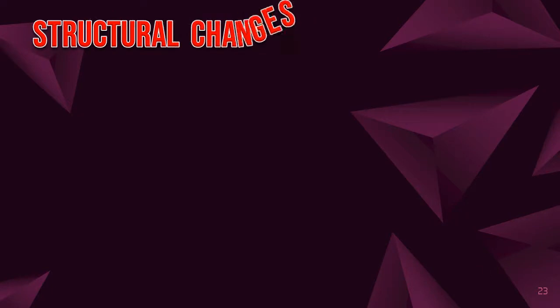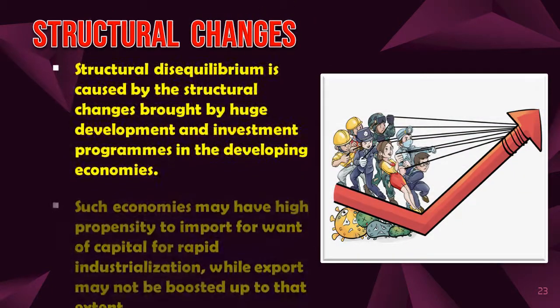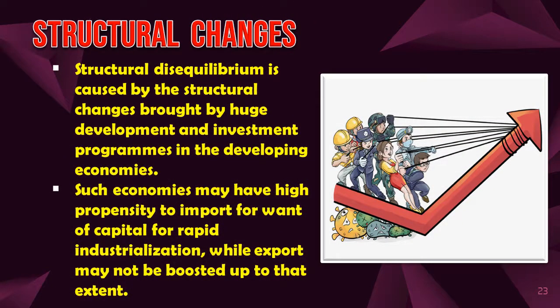Next one, structural changes. Structural disequilibrium is caused by structural changes brought by huge development and investment programs in the developing economies. If any country brings a change in the investment and development program in the developing economy, then it is called a structural change.